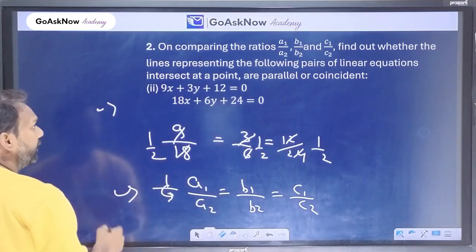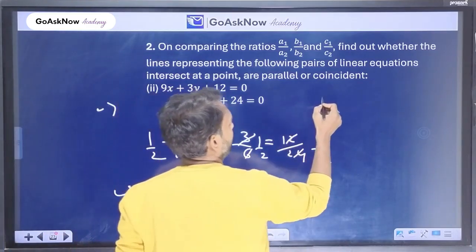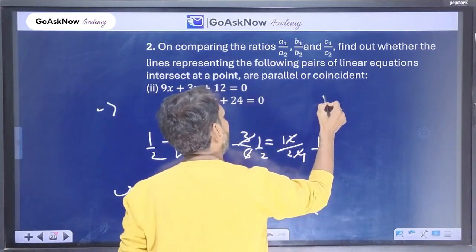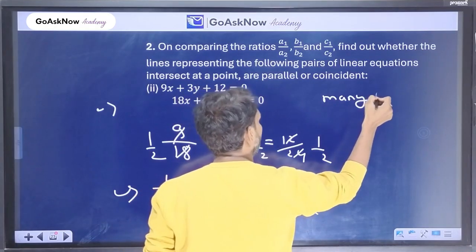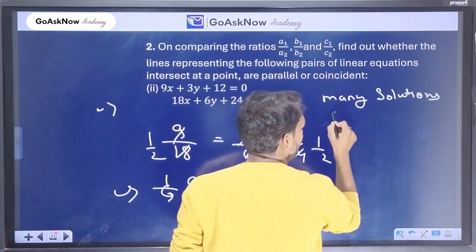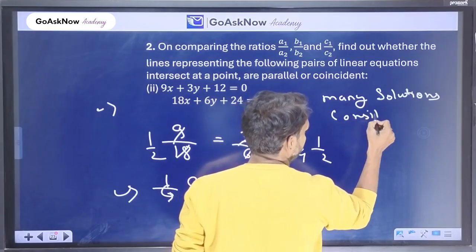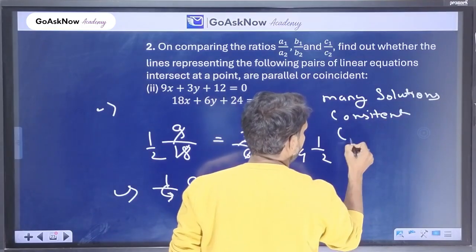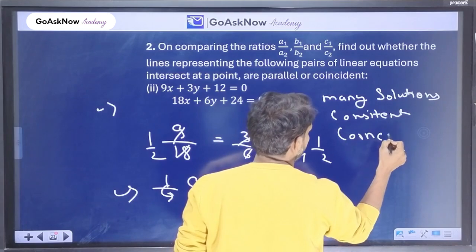Therefore, this set of equations represents a pair of lines which have many solutions. Consistent, coincident.